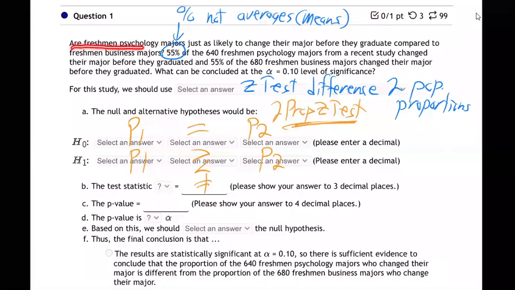Let's read it again. Are freshman psych majors just as likely? There we go. Just as likely. Notice it doesn't say greater. It doesn't say less. They're basically saying, are they equal? If one thing is just as likely as the other, that means they have equal probabilities, don't they?